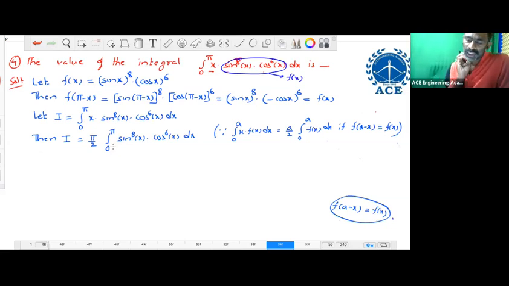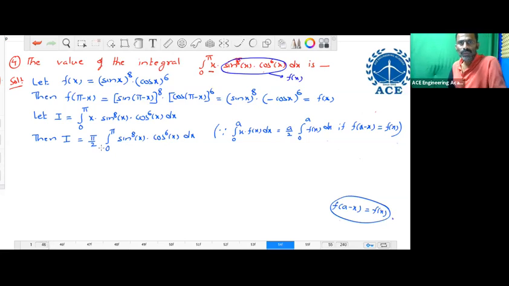Using property number 9, that is integral 0 to pi by 2 sine power m cos power n, we write the value of this. To apply the ninth property, we should have integral limits as 0 to pi by 2. But the integral limits are not 0 to pi by 2, they are 0 to pi. Because of 0 to pi, we cannot evaluate by using that property only. If you want to apply the ninth property, we should have limits as 0 to pi by 2.